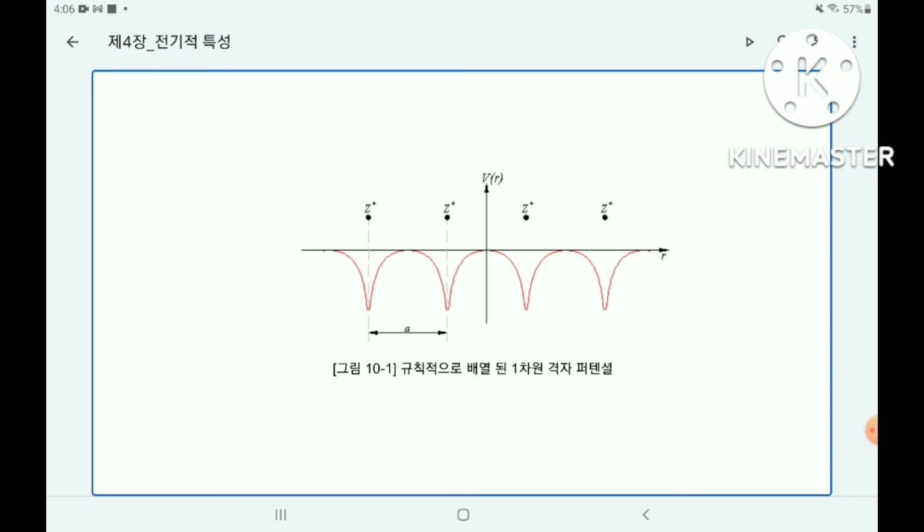Here the ions reside at periodic lattice sites, and we consider the ionic potential, and the red one is the potential. The potential is negative in the vicinity of the ions, and the potential is periodic in one dimension.